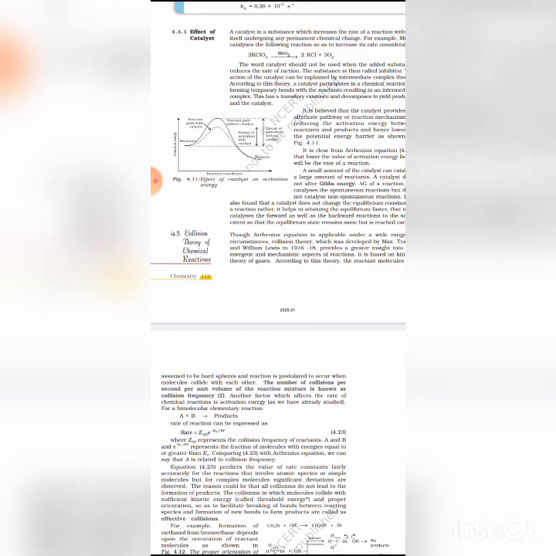This has a transitory existence and decomposes to yield products and catalyst. It is believed that the catalyst provides an alternate pathway by reducing the activation energy between reactants and products.